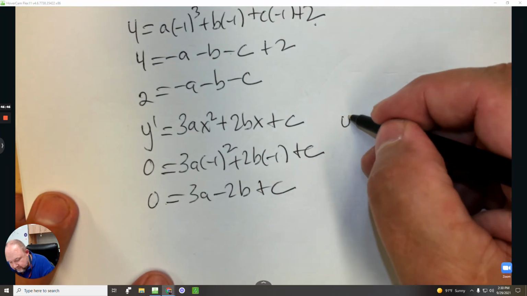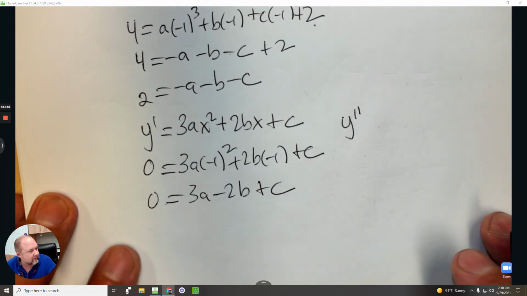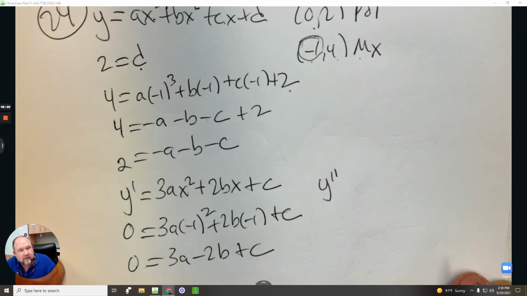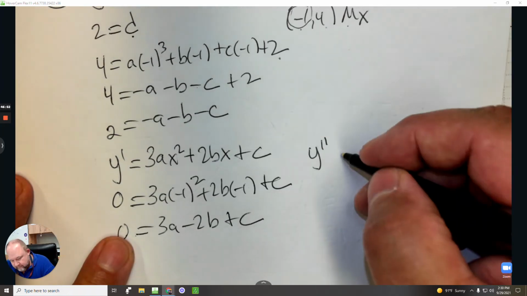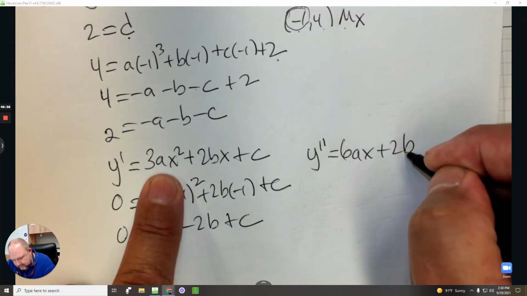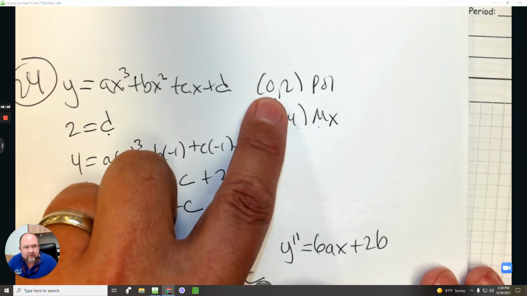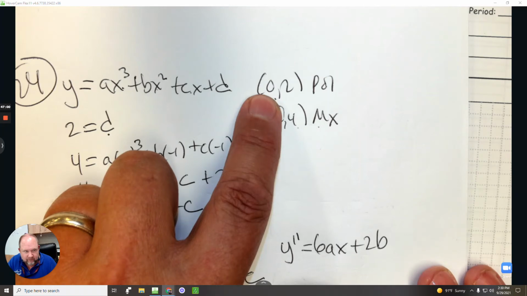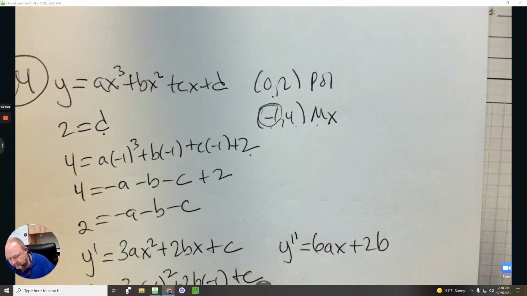I'm going to do the second derivative. The second derivative gives me 6ax plus 2b. If a point of inflection is at (0, 2), when I plug in 0, the answer is 0.